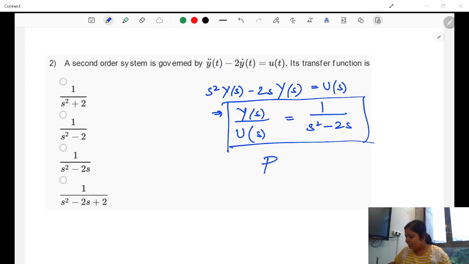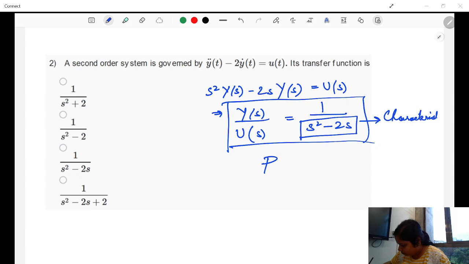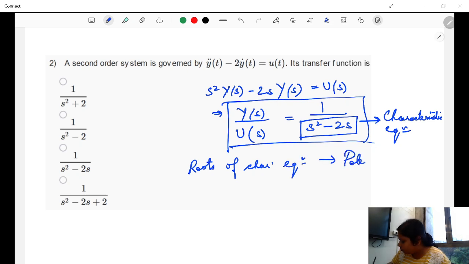So in the language of control systems, the denominator is called the characteristic equation, and the roots of the characteristic equation are called the poles of the system.